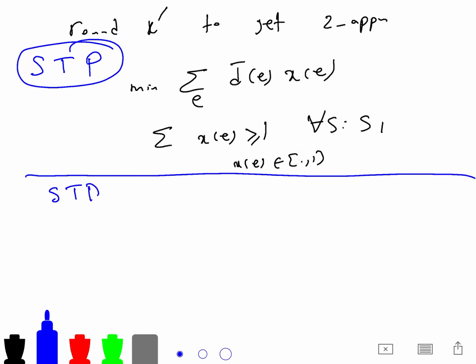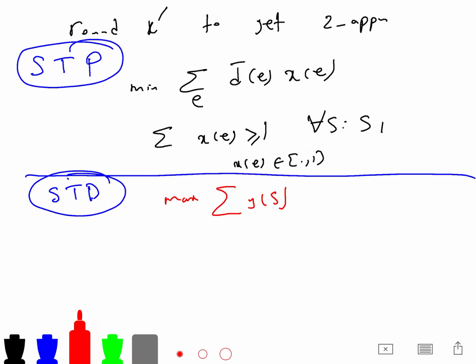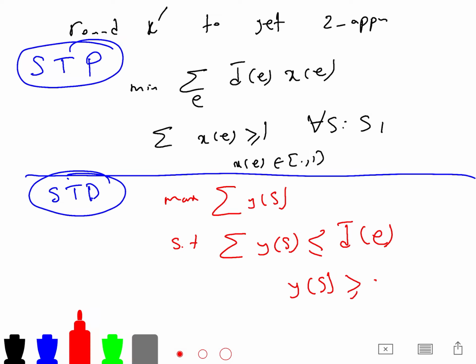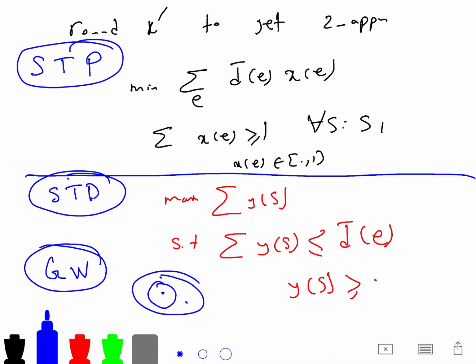So the Steiner tree dual is just the maximum of the sum of y of S, such that the sum of y of S is less than or equal to d bar of e, and y of S is greater than or equal to 0 for any S that separates X. And for solving this, they use the famous Goemans-Williamson primal dual that incrementally grows dual solutions while maintaining feasibility.